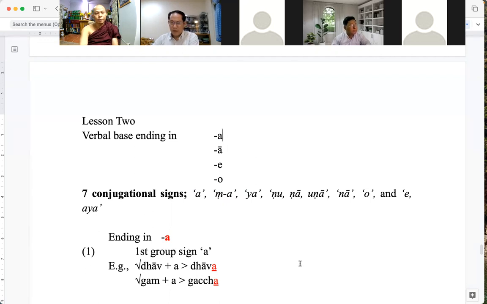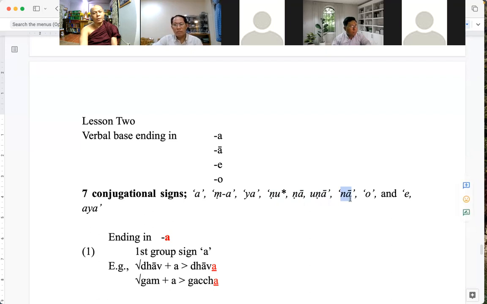Now the fourth sign is one of these 3. The first one is very special and quite rare, maybe only 2 or 3 forms are used, so we don't emphasize that one. Later, we will see. Now, na ends in R, and una also ends in R. That is the fourth sign.